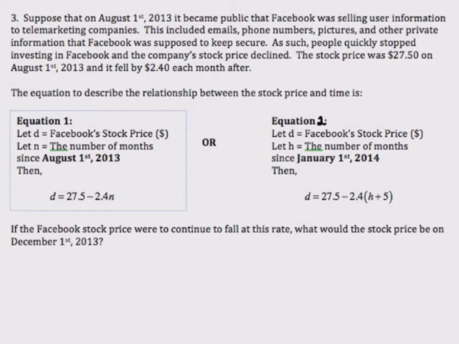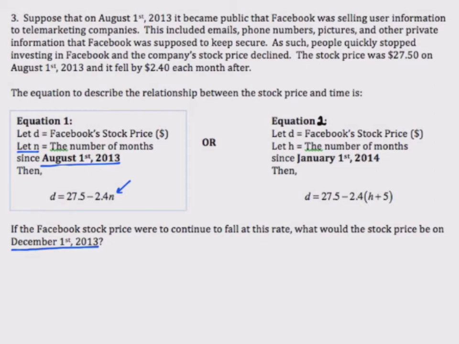So let's use our first equation. Well, in this case, N represents the number of months since August 1st, 2013. So we've got to figure out, on December 1st, 2013, how many months has it been since August 1st, 2013? So let's see. September 1st is 1 month, October 1st is 2 months, November 1st is 3 months, December 1st is 4 months after August 1st. So what we're going to do is substitute a 4 in for this variable right there.